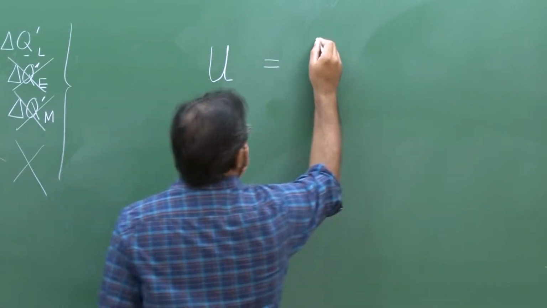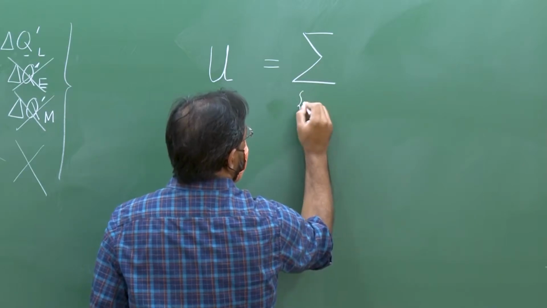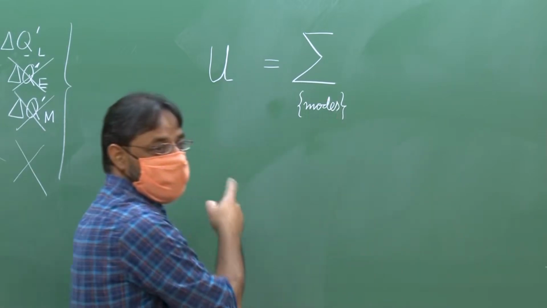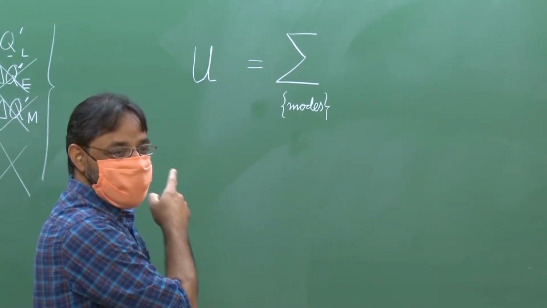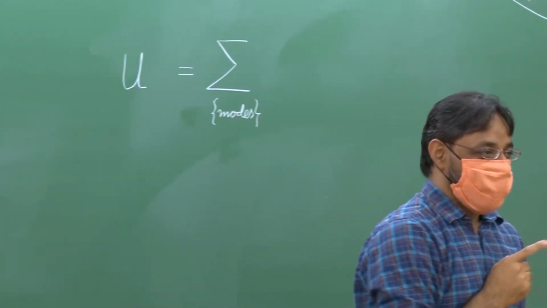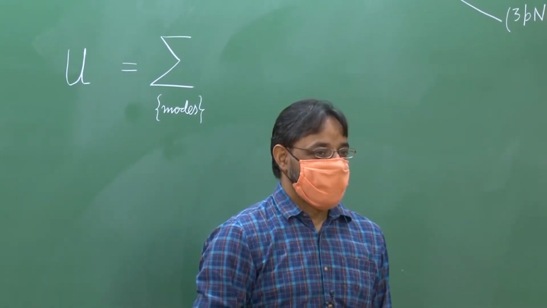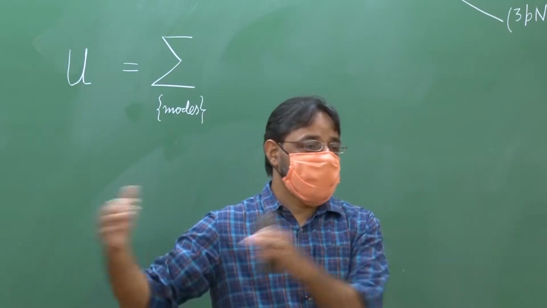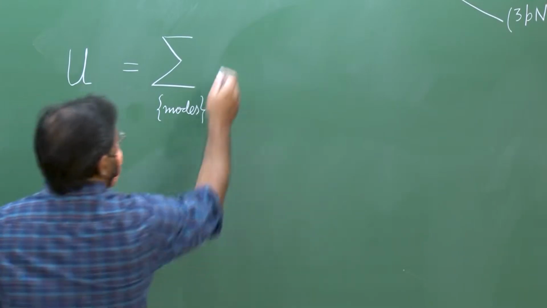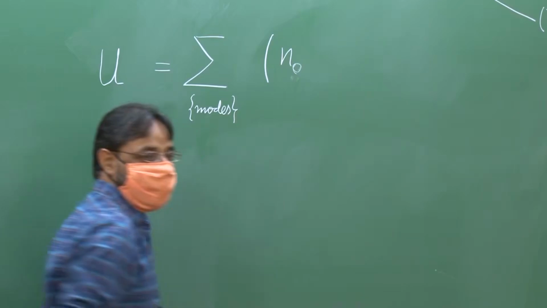So this is a summation over all the modes. So if you have 3pn modes, you have to sum over all the 3pn modes. Each mode is a quantum harmonic oscillator, which has an energy (n plus half) h bar omega. So you take the first mode, second mode, third mode, fourth mode, fifth mode, add up (n plus half) h bar omega. So we need an index here for the mode, right?